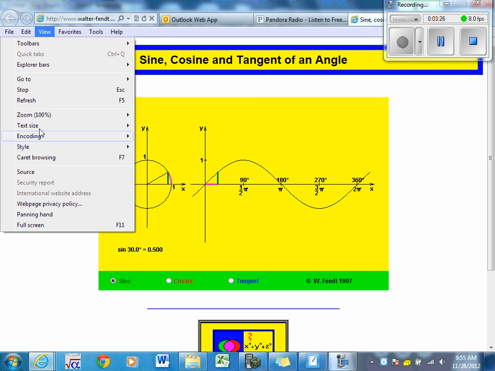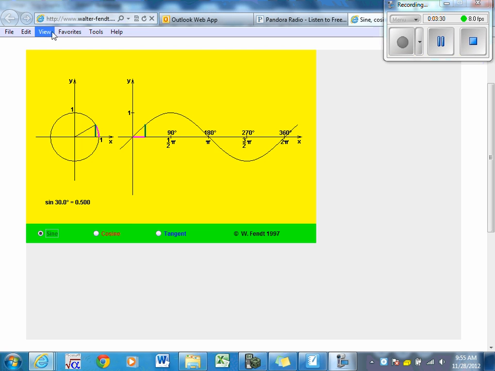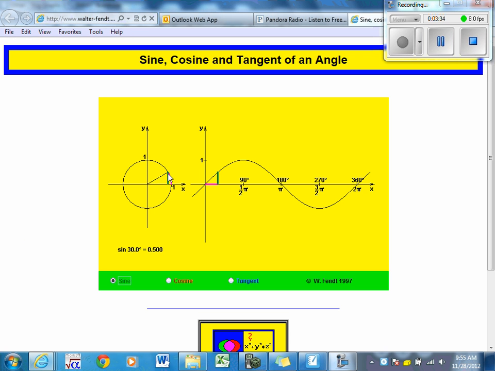This green line is my y-coordinate. So if I'm at about 60 degrees, 65 degrees, that green line is my y-coordinate. And you can see the green line over here.